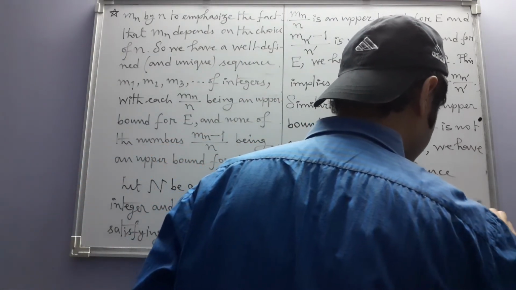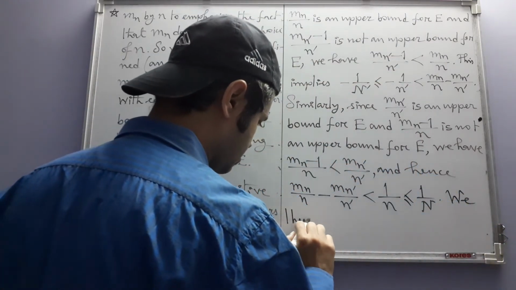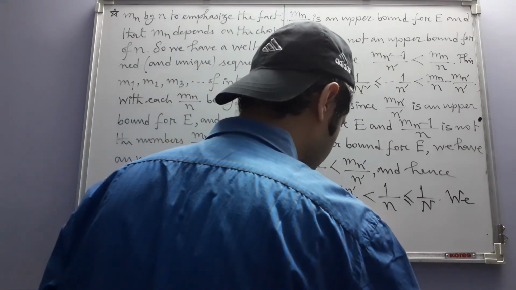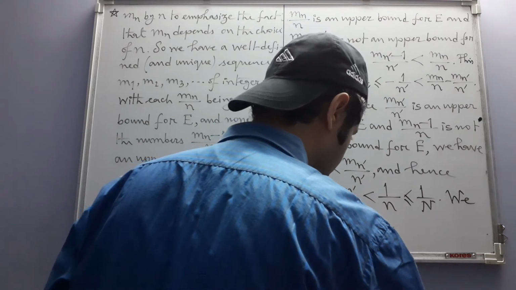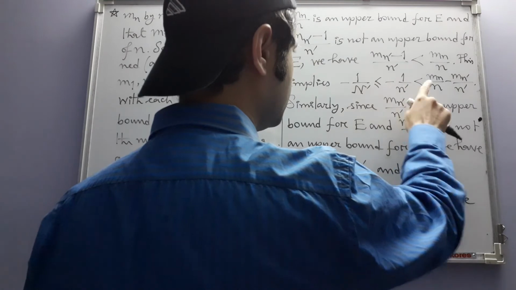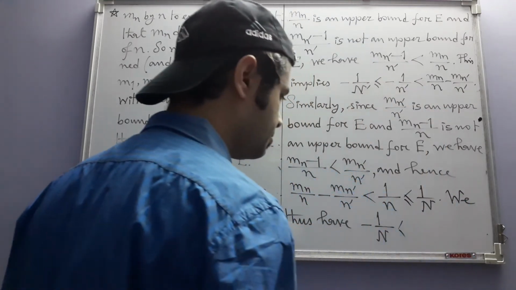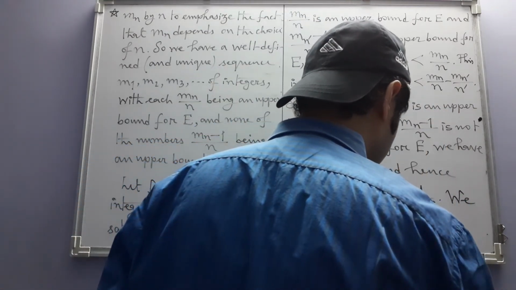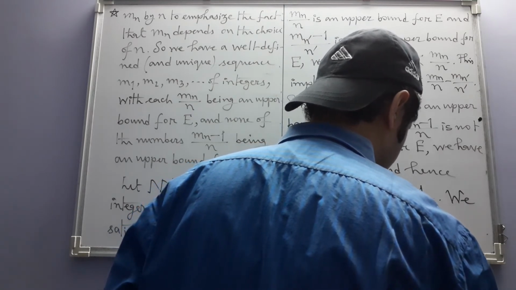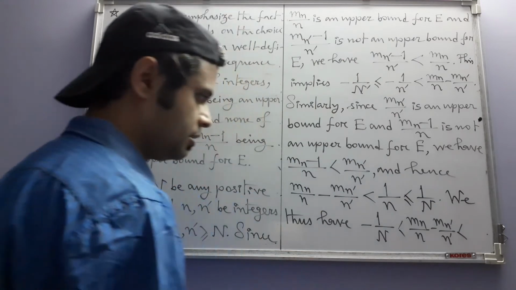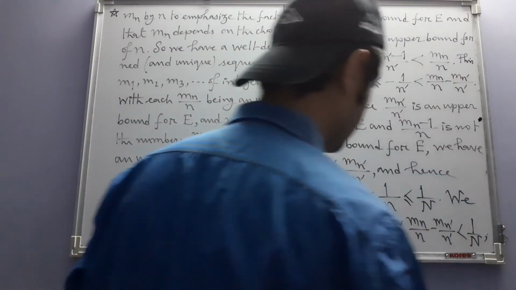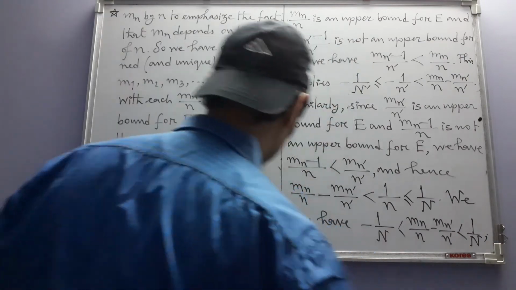We thus have −1/N less than m_n/n − m_n'/n', which is less than 1/N.